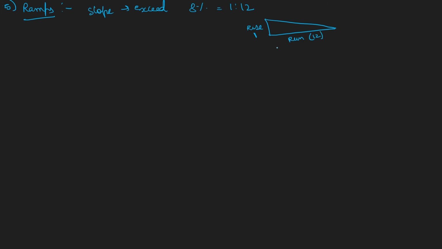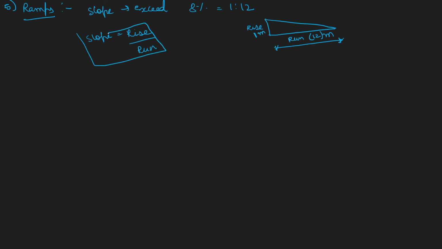Next, we'll discuss ramps. For ramps, the slope should not exceed 8%, that is a 1:12 ratio. Consider this is your ramp, this is rise, this is run. This should be in a 1:12 ratio. This is 12 meter run and 1 meter rise. So slope is nothing but rise by run.